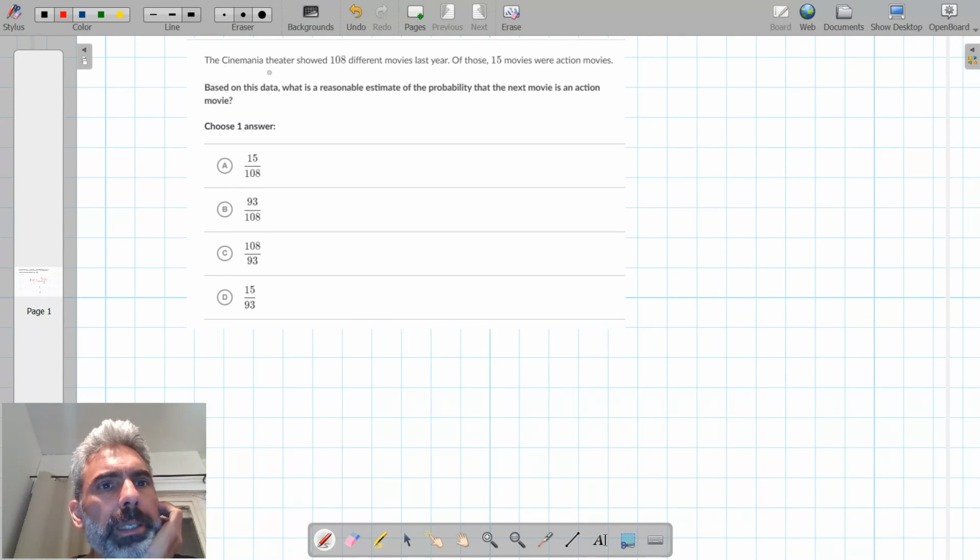The Cinemania Theater showed 108 different movies last year. Of those, 15 movies were action movies. Based on this data, what is a reasonable estimate of the probability that the next movie is an action movie?